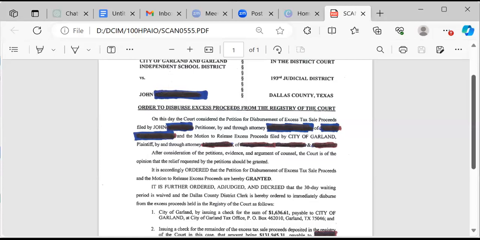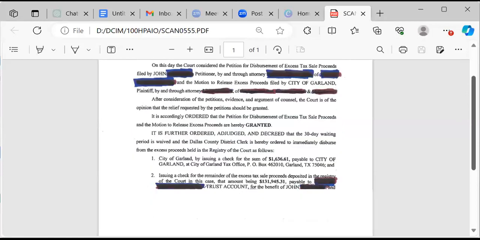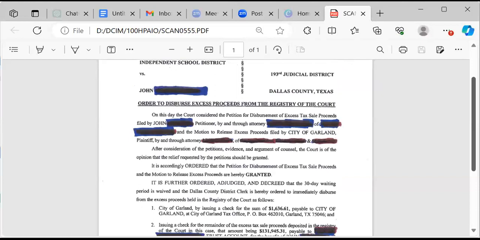Okay. So it basically says in the motion to release the excess proceeds are hereby granted. So now I'm going to show you where my favorite verbiage is. It is further ordered, adjudged, and decreed that the 30-day waiting period is waived and the Dallas County District Court is hereby ordered to immediately disperse from the excess proceeds held in the registry of the court as follows.